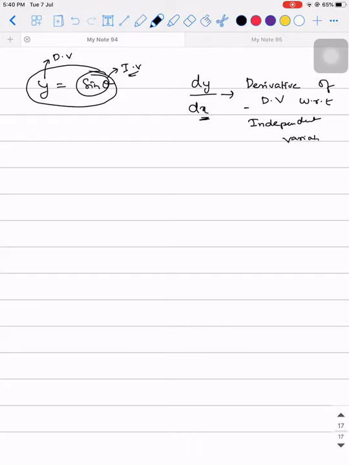So wherever you see dy by d something, the value in the numerator is always dependent and the value in the denominator is always independent. This is a very important point you need to have in your mind.